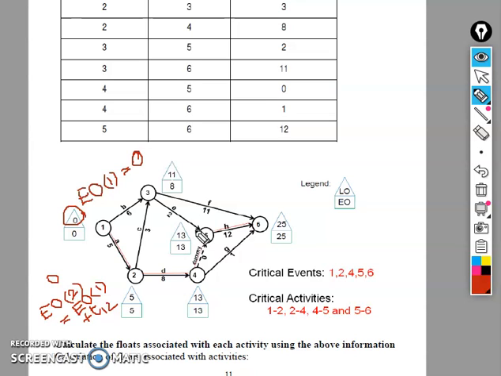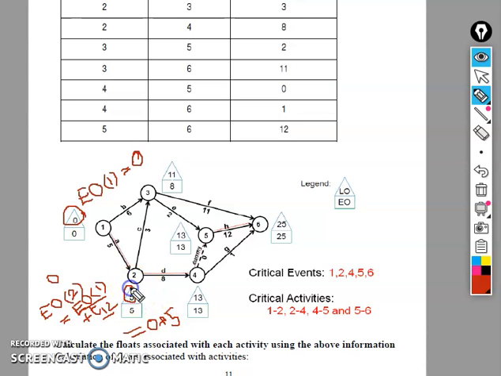So the earliest occurrence of point 2 is 0 plus 5, and the result here is 5.